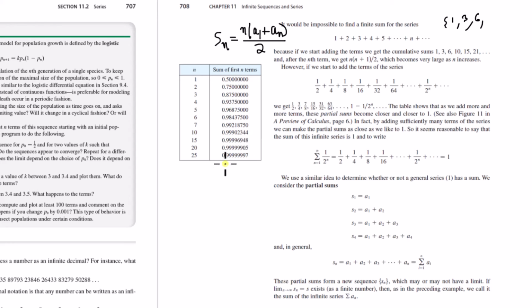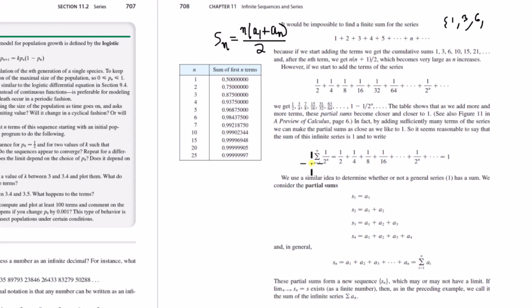If it was truly converging to 1, then we'd put in n equal to 5 billion, and we still should get something that's below 1, but not at 1. And so they say it seems reasonable to say that the sum of this infinite series is 1. If we plugged in 5 billion and got something below 1, 0.999, a lot of nines, but not 1, then it seems reasonable to say that the sum of this infinite series is 1.